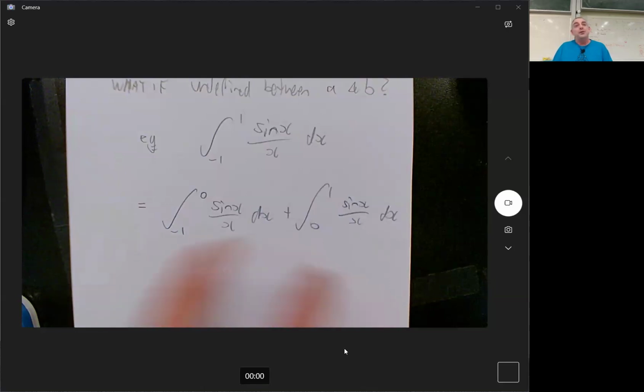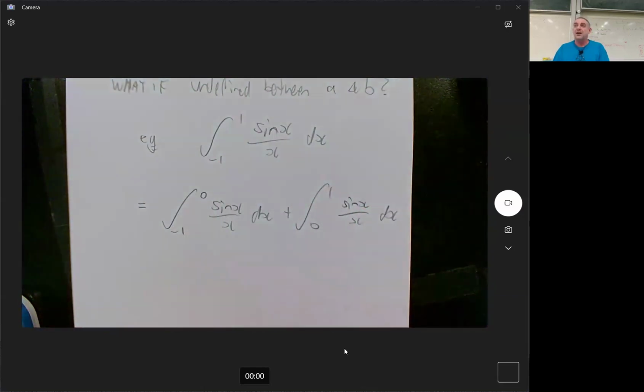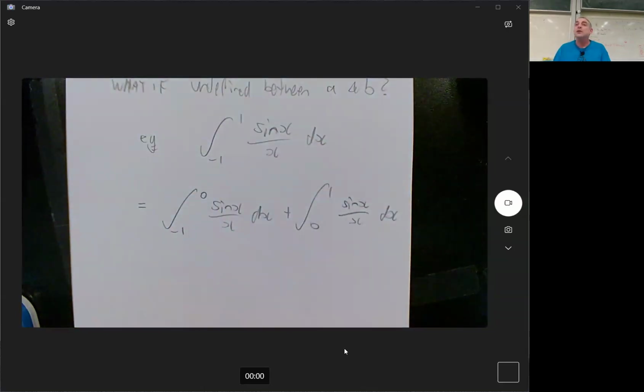And they are both improper integrals. But officially, this integral actually doesn't exist because your function actually has to have a definition everywhere on this domain, except possibly at the endpoints, in order for it to be an integral. But that would be something worth checking with the lecturer. Since it hasn't been mentioned at any point up until now, I wouldn't expect it to be in the exam, but it is worth thinking about.